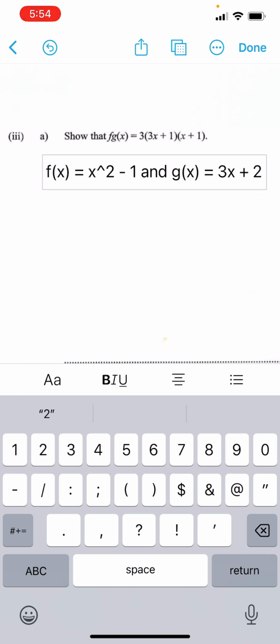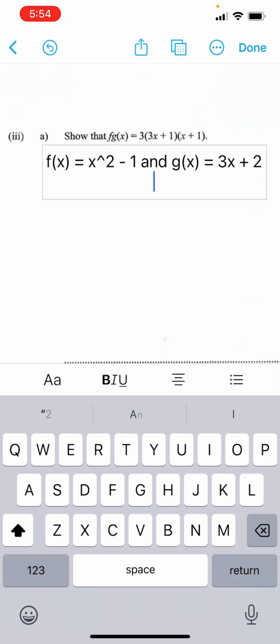Right? So you're saying to show that f of g of x is equal to 3 times 3x plus 1 times x plus 1, right?